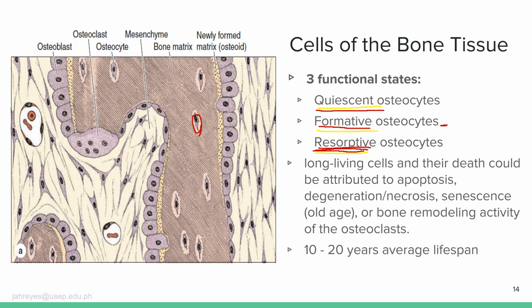So that's the difference of the resorptive osteocytes from the formative osteocytes in terms of organelles. While the quiescent osteocytes contain less rough endoplasmic reticulum and less Golgi apparatus.